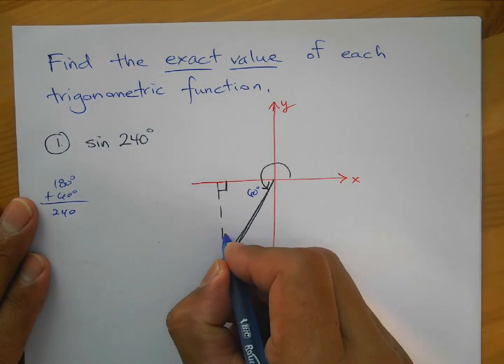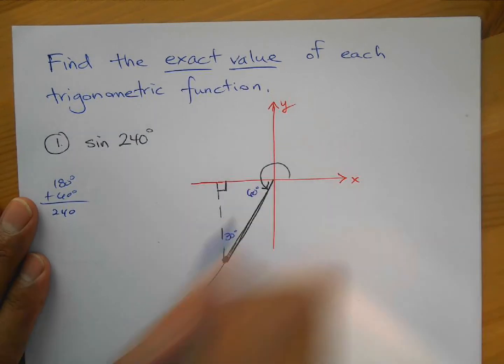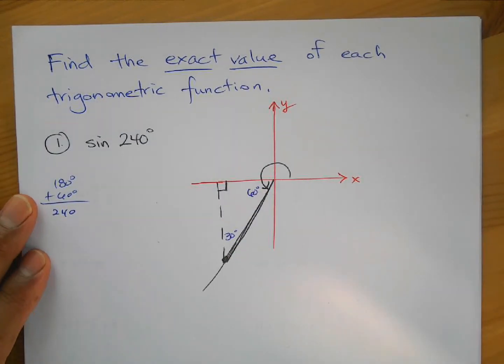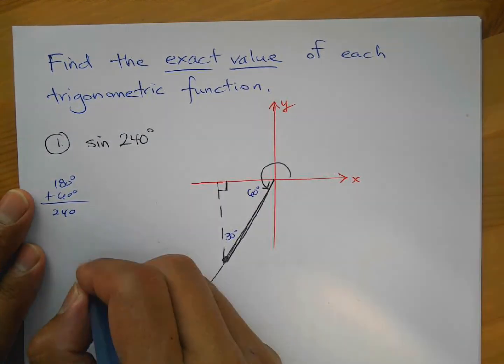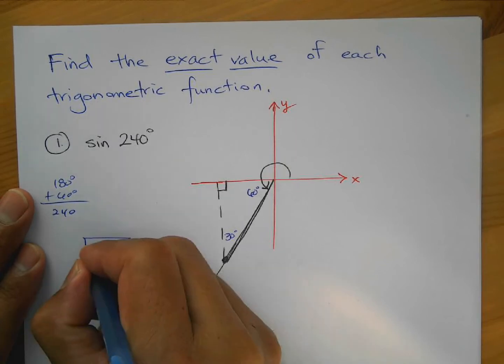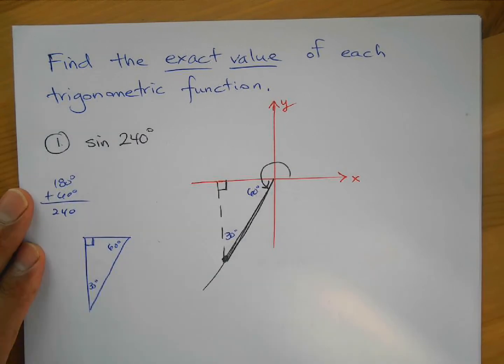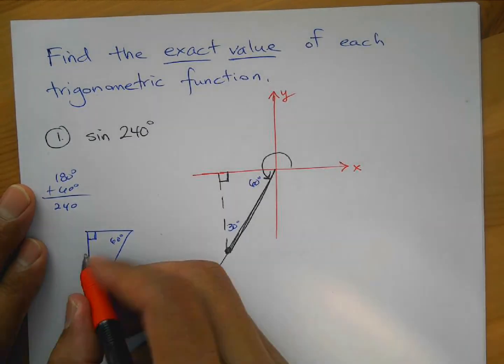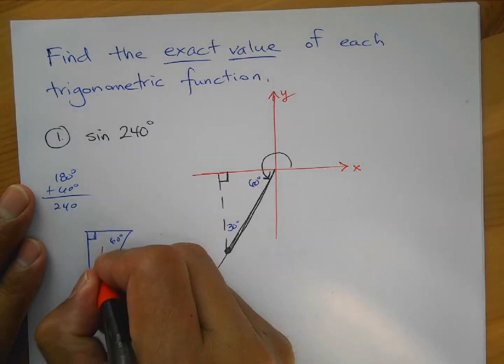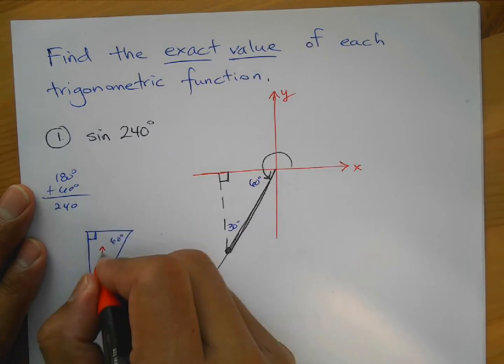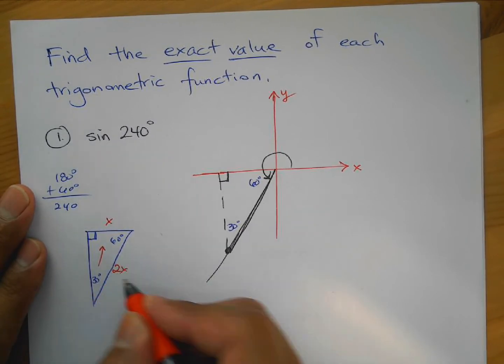So in this case, this one's going to be 30 and 60, and we know that's 90. And then we come over here, and how do we label a 30, 60, 90? We got 30, we got 60, I got 90. Remember, opposite of the 30-degree angle is x.